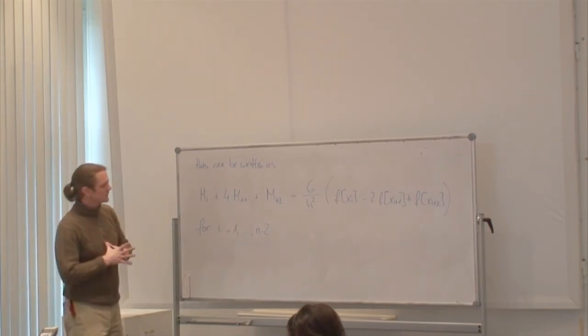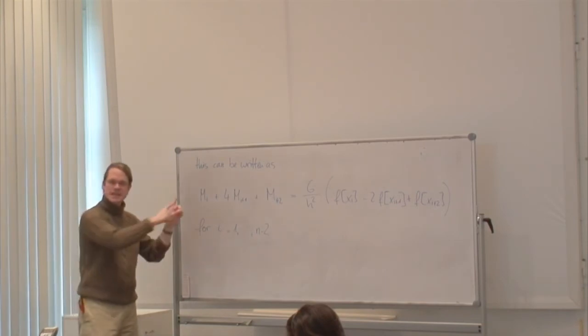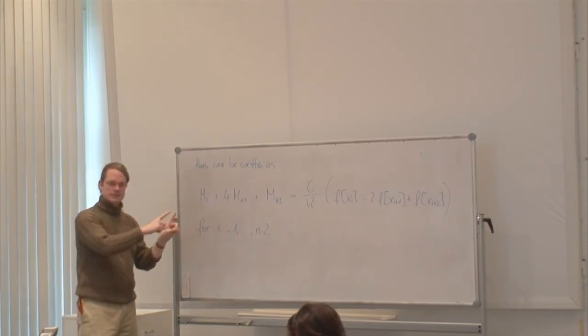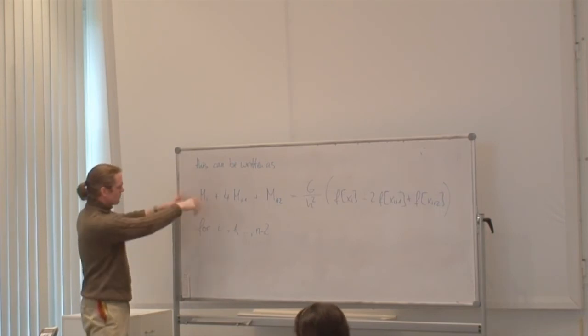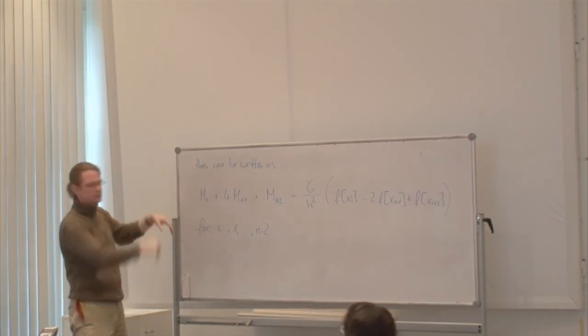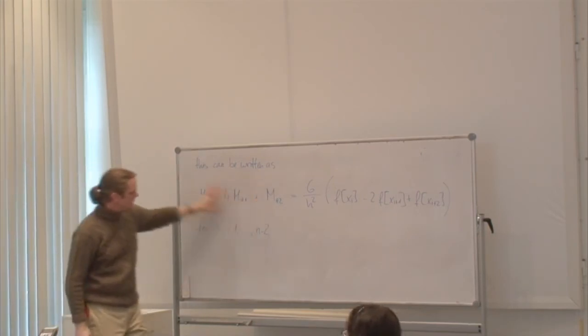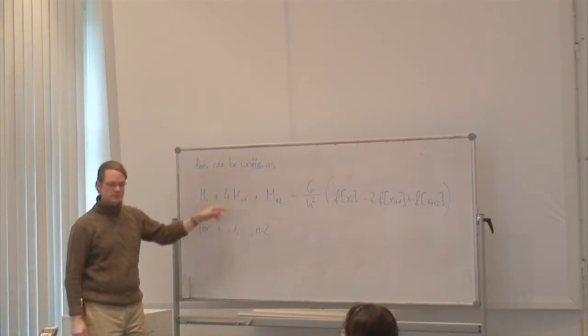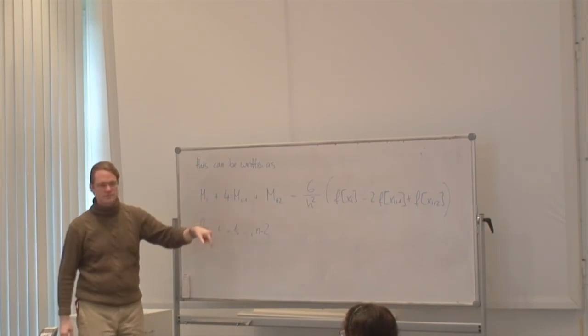Right? But this is a system that is linear in the unknowns. There is no crazy cosine here or something raised to the power of 3 or 2. This is a linear equation in the unknowns.